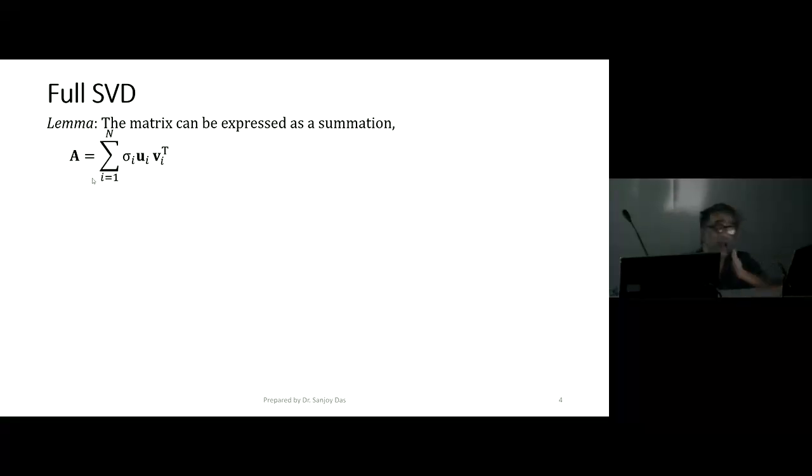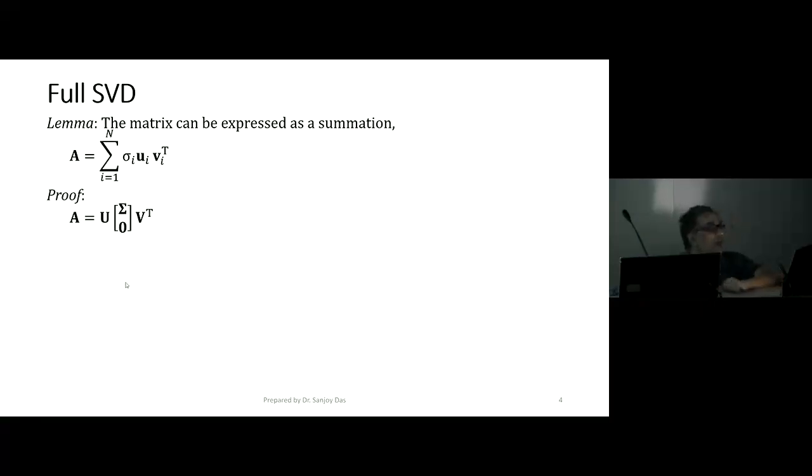So A is expressed as a summation of n rank 1 matrices. And what can be the rank of A? Since n, as in New York, is smaller than M, as in Maryland, so it's a tall matrix A, the rank is at best n, as in New York.